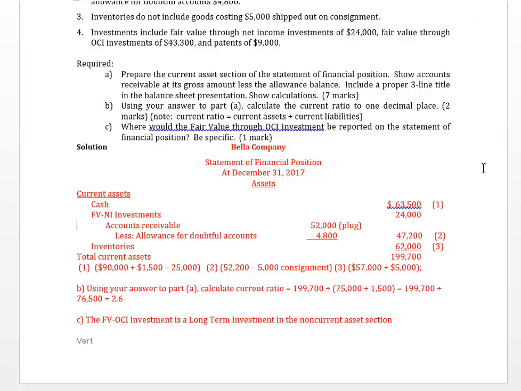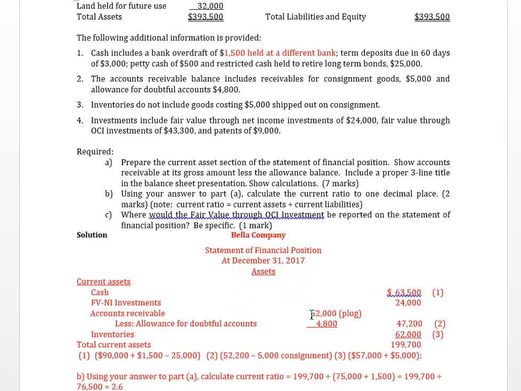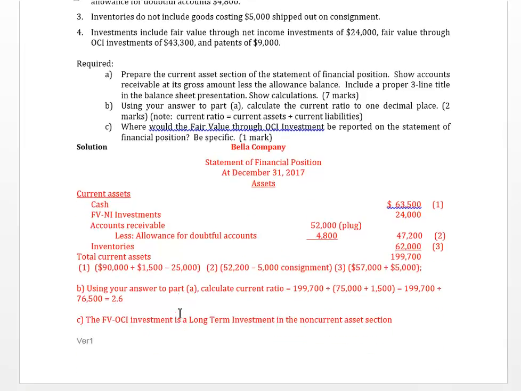Now, if we look at the accounts receivable, most students would say, well, how do we get from 52.2 to our gross figure here of 52,000? And the reason why you had to show it at gross here is because I asked you to show the receivable at its gross amount less the allowance. That was the particular presentation that I wanted.